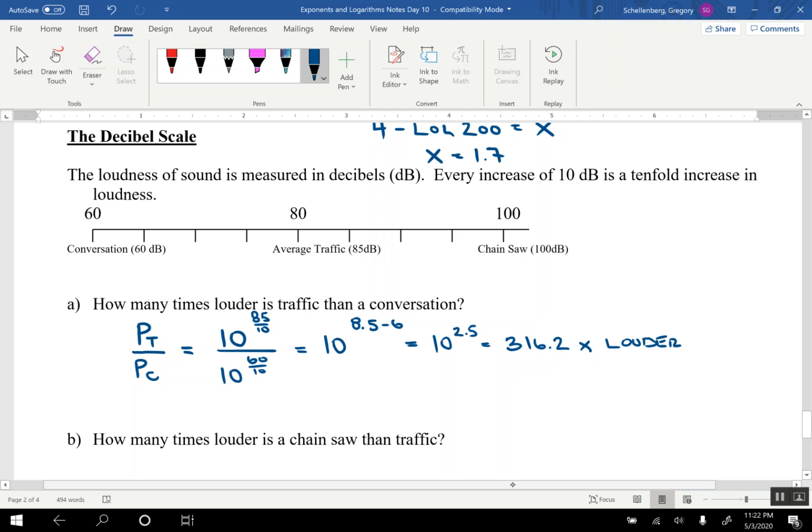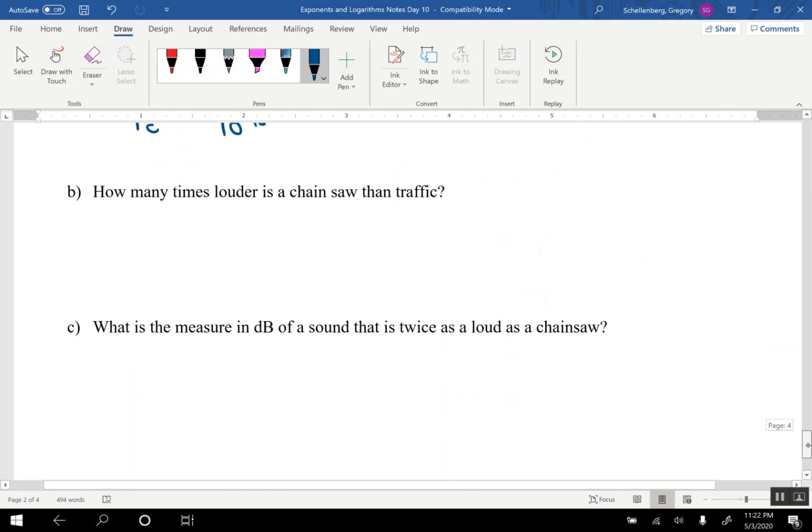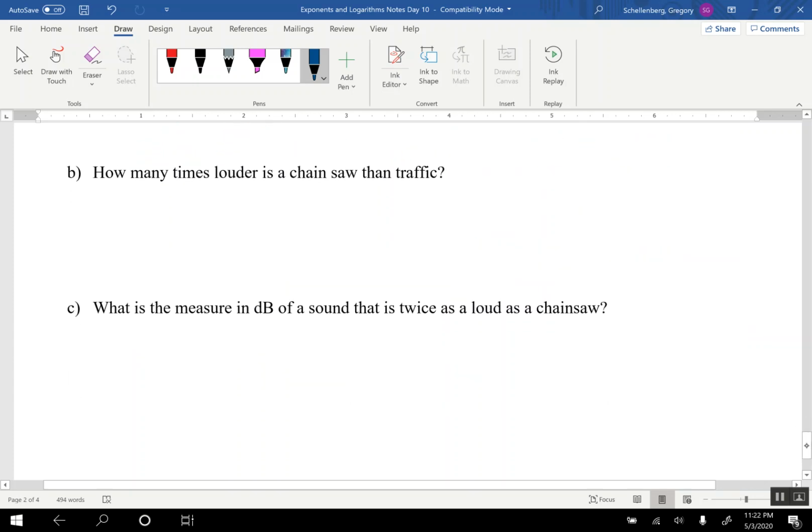Okay, how many times louder is a chainsaw than traffic? Okay, so same idea. Chainsaw registers 100 decibels, so this is going to be 10 to the power of 100 divided by 10. And we are relating this to traffic.